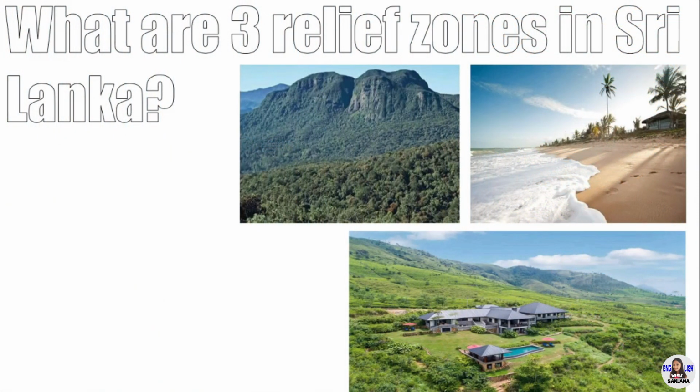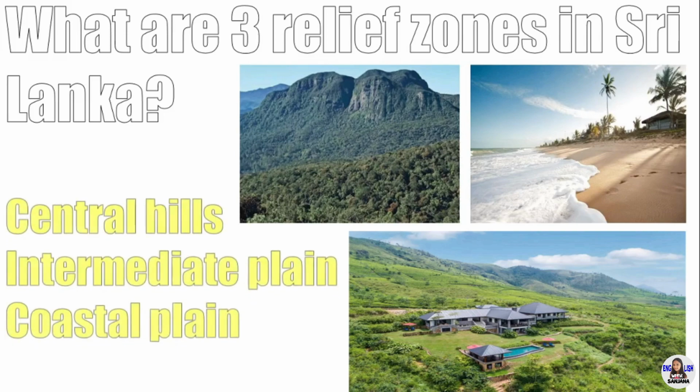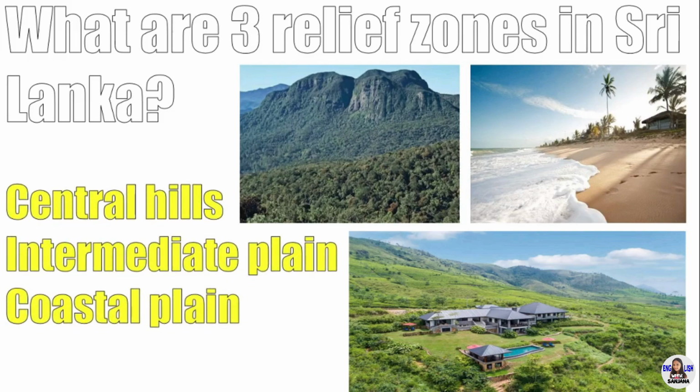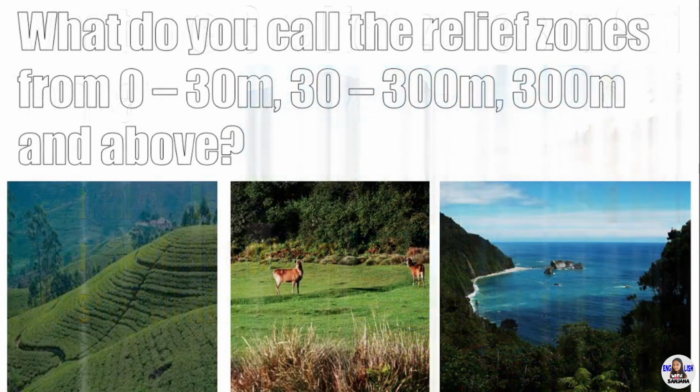What are three relief zones in Sri Lanka? Central Hills in the central part of Sri Lanka, coastal plain along the coastal belt of Sri Lanka, and intermediate plain between Central Hills and coastal plain. I repeat again: Central Hills, intermediate plain, and coastal plain.